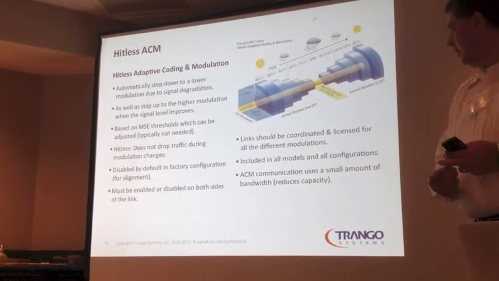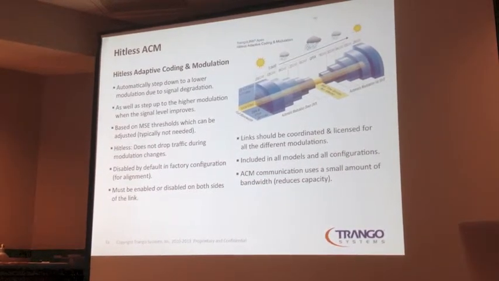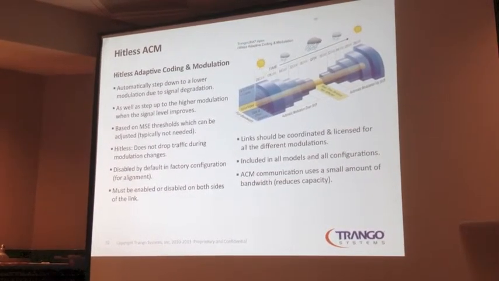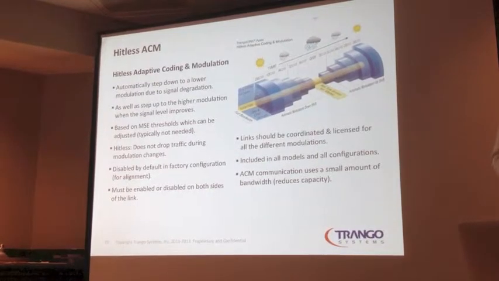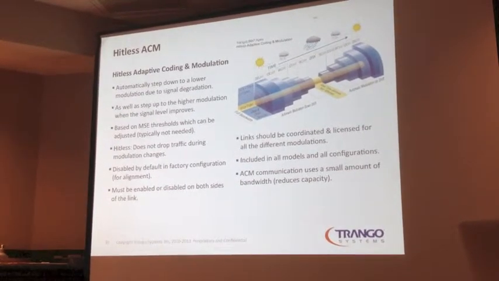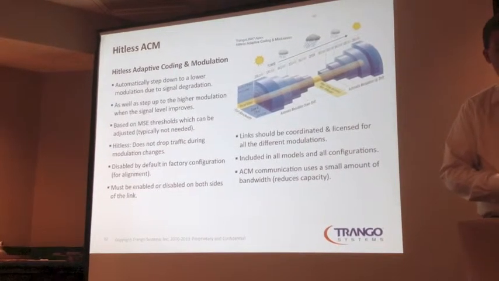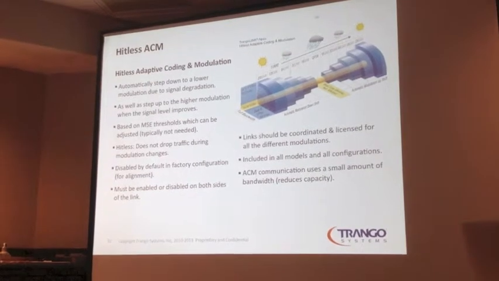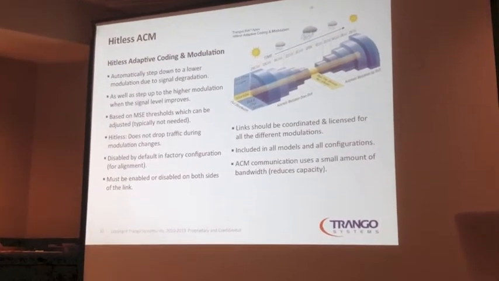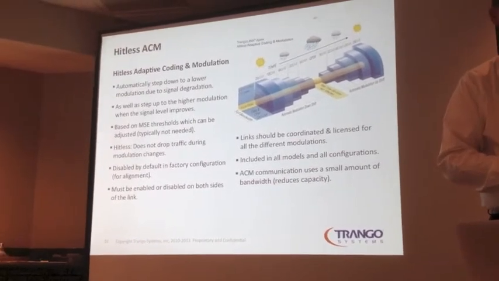One thing I did not mention in detail yesterday, it was kind of up on the slide, but I didn't talk about it. When you look at 6 gig or 11 gig, there are requirements for minimum throughput, efficiency requirements there. Effectively, you've got to run 64 QAM, I think, or higher at 6 gig, and it's 16 QAM for the most part, but it's 64 QAM on the 80 meg channel in 11 gig.